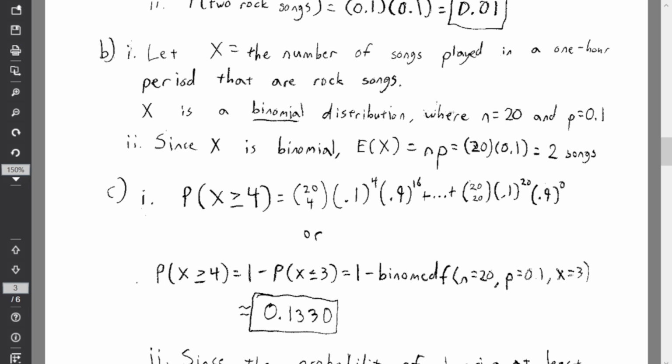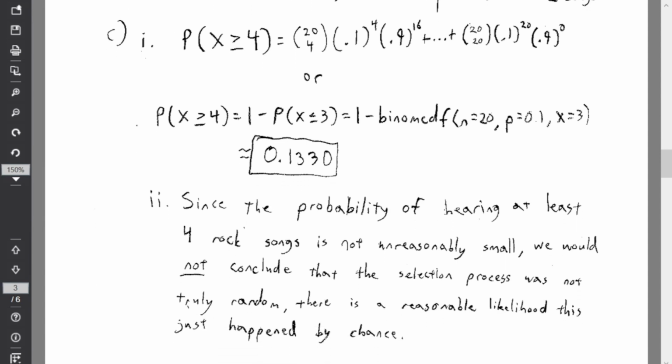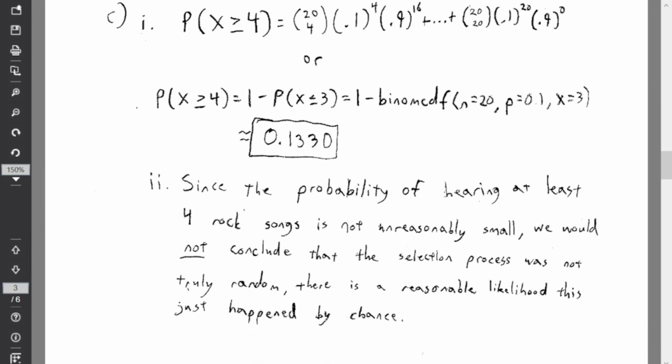And then it asks, well, does that mean that it's unlikely that this happened at random? Well, that probability of hearing at least 4 rock songs is not unreasonably small. So we're not going to conclude that the process was not truly random, because there's reasonable likelihood that this could have happened by chance.